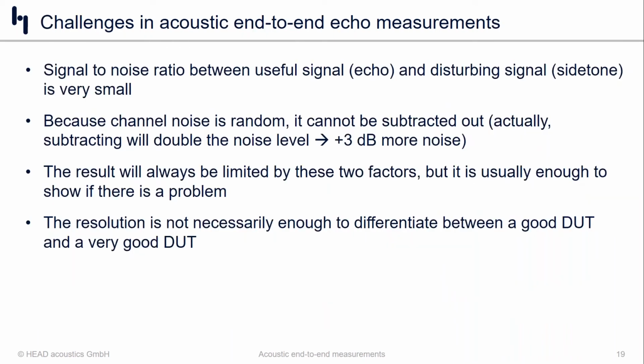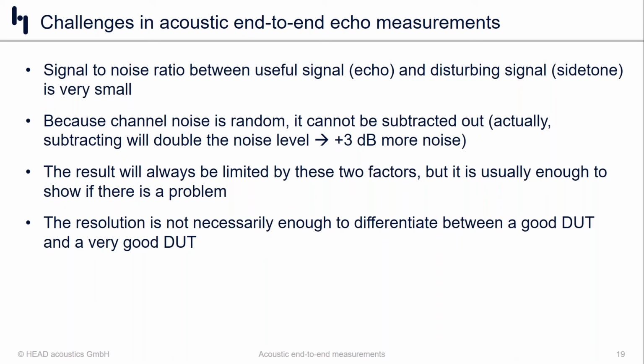Now, let's look at some of the challenges. So first of all, especially when we're doing echo measurements, one of the challenges is that we have a very, very low signal-to-noise ratio between the useful signal and the annoying signal that we want to remove. So we're starting off in a bad spot, right? We have bad SNR.